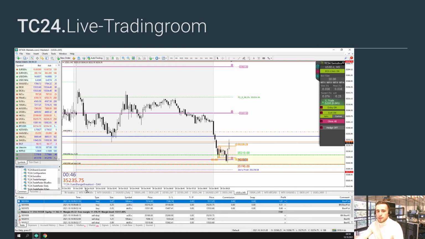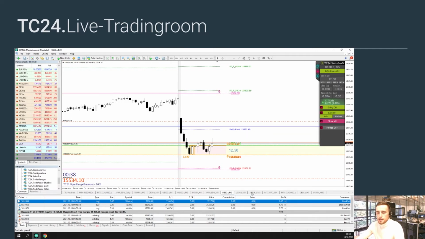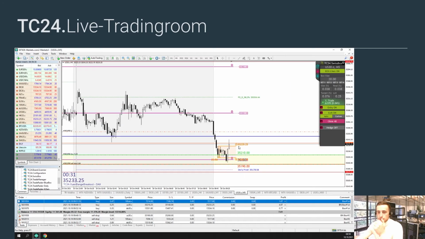So now we're coming into the last minute, around 30 seconds left on the clock. And then we should have that initial movement. As it seems, the market should be making a move up towards the top, especially here on the Dow Jones. We're around 10 points away from getting a close.